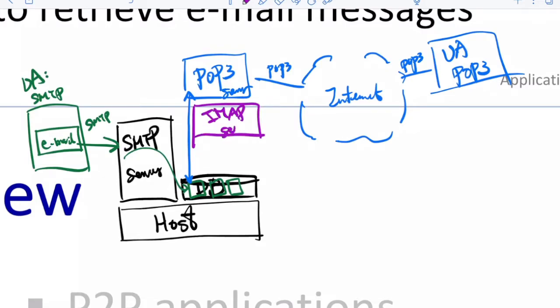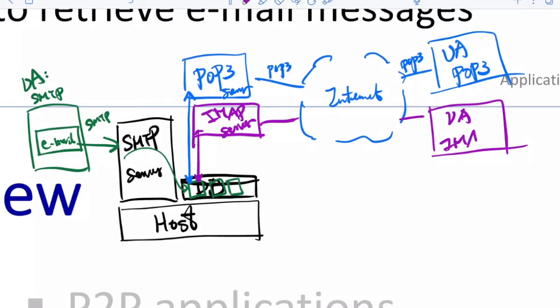And of course you can use an IMAP server. The IMAP server can also retrieve the mailbox implemented by the database server, and then talks to the IMAP user agent. The protocol between them is the IMAP protocol. But as we mentioned before, POP3 is a very old protocol.